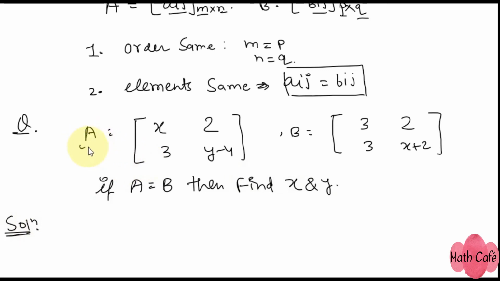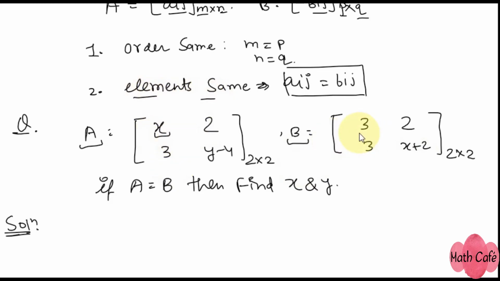Alright. So first of all, these two matrices A and B are said to be equal if their order is same. So the order of this matrix A is 2 cross 2 and order of this matrix B is also 2 cross 2. So in these two matrices, order is same.